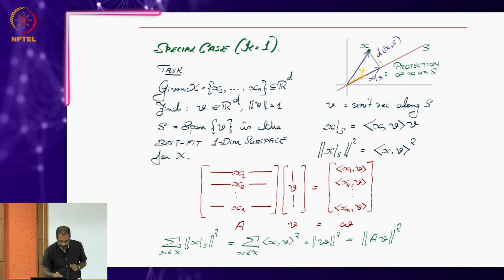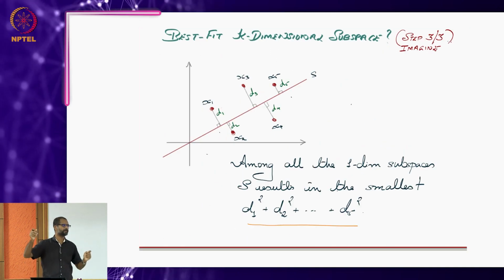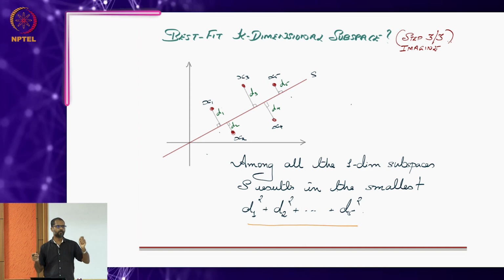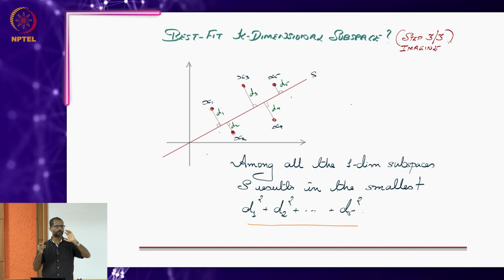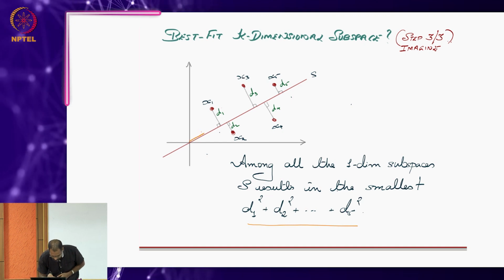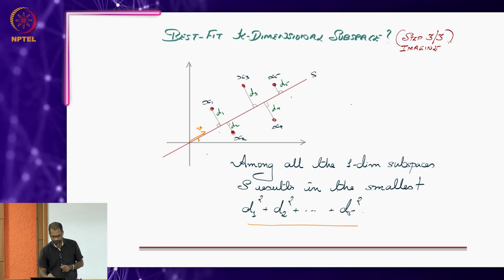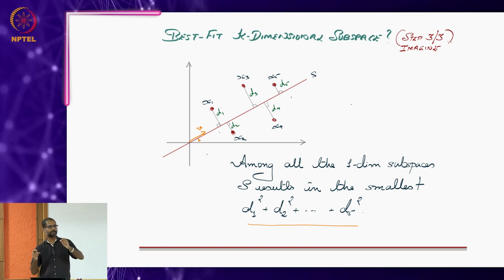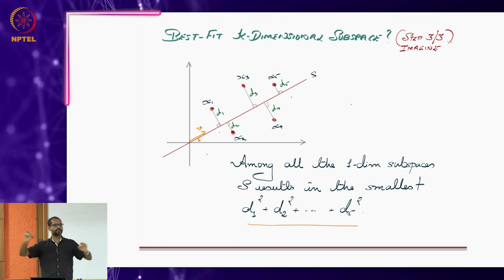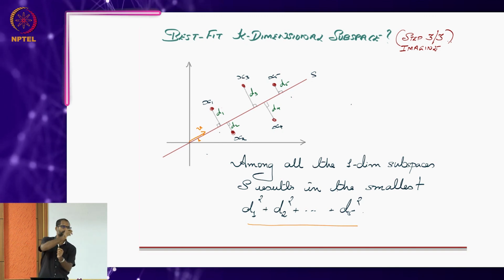So if you go back to this picture and remember that you were rotating this line and finding the best line, right? Now how am I going to do it in a computer or in formal mathematics? I am going to take a unit length vector v, of length 1, and the line will be generated by taking the linear combination, the span of this, and I am just rotating this vector along.